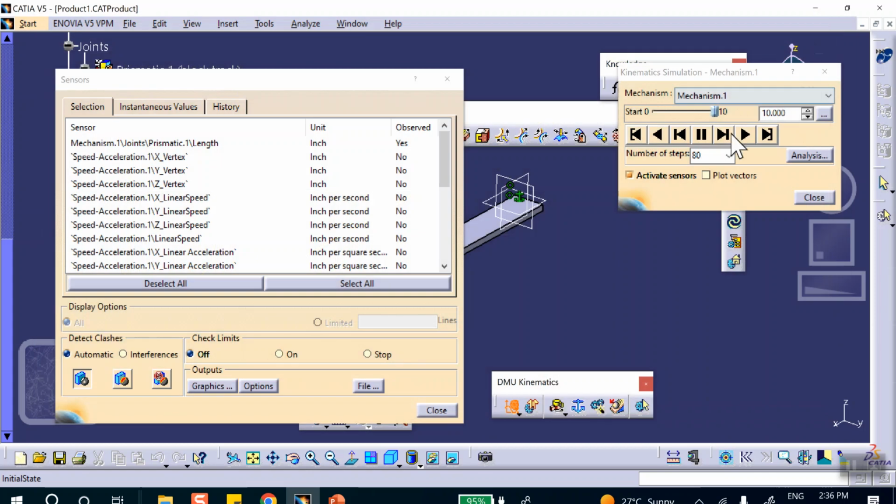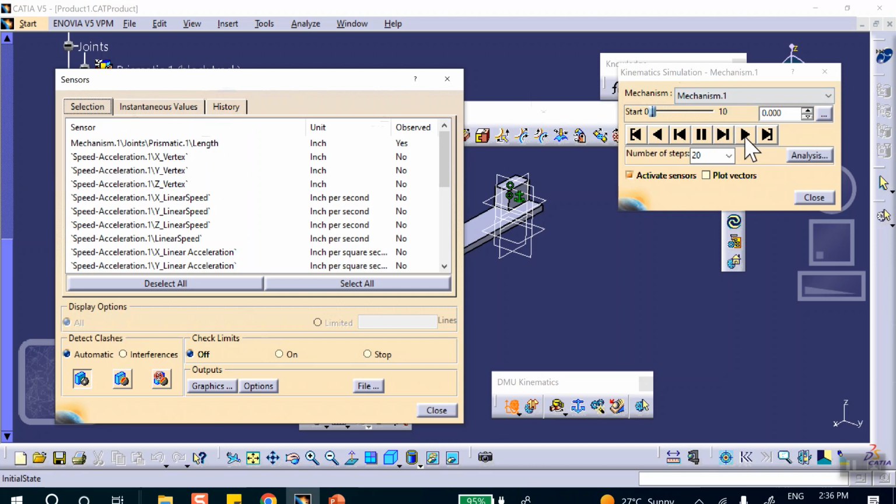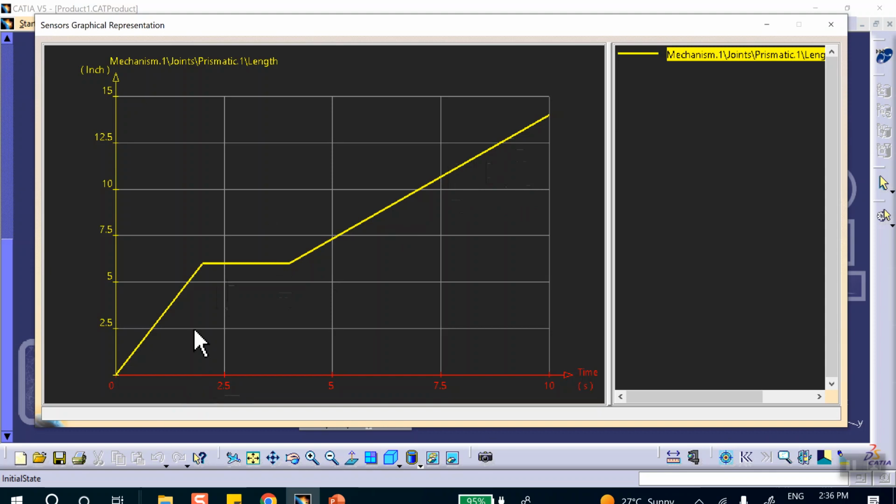Now, by the way, let me change the number of steps to fewer to see what happens. You see that? So I'm going to clear the history, by the way, because otherwise you get graph on top of graph. You see, it becomes kind of jagged. It doesn't even show that oscillation.